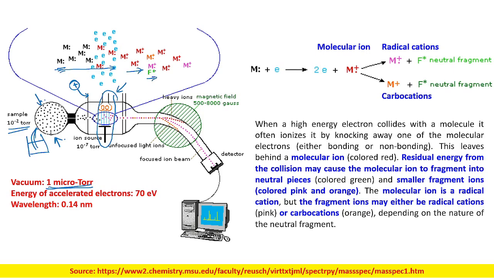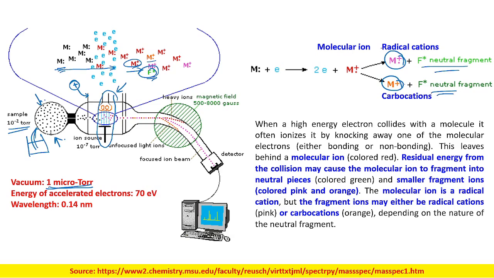We get carbocations, we get radical cations, and along with that we get a neutral fragment. Now this is happening.